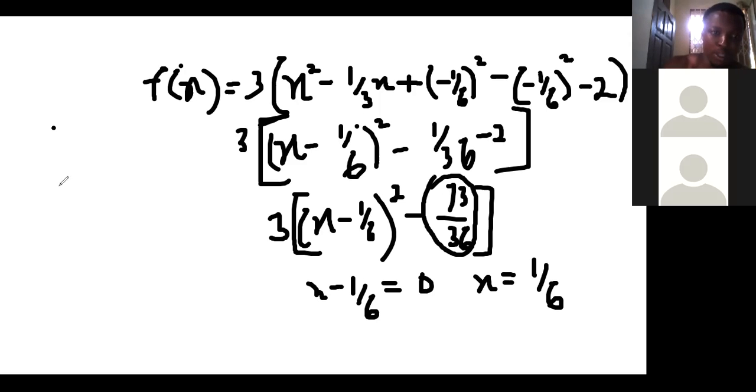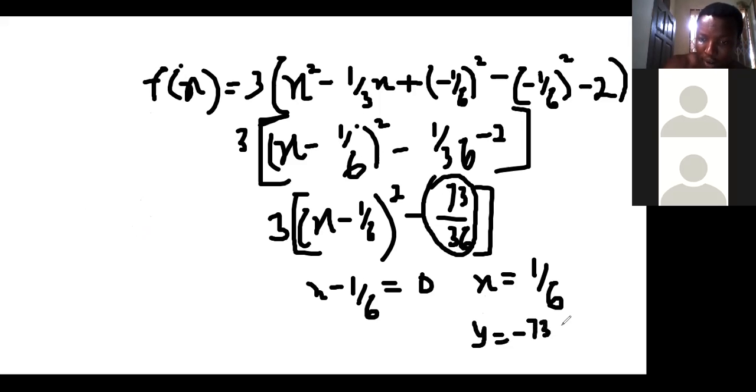So when we are plotting the curve, it will be something like this, where x will be equal to 1 over 6. Then y will be negative 73 all over 36. And that is it. So there are two values. Your minimum value, y here, will be equal to negative 73.